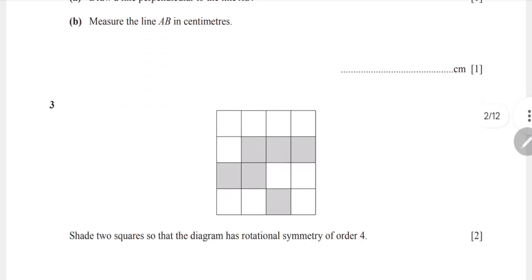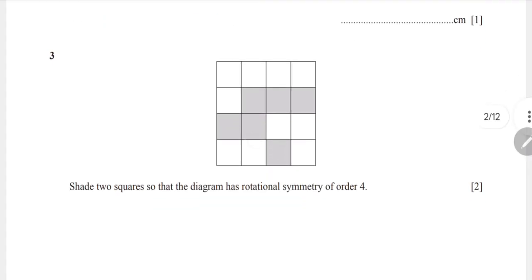Next question, we need to shade 2 squares so that the diagram has rotational symmetry of order 4. For order 4, we have to shade 2 squares in the given whole square.